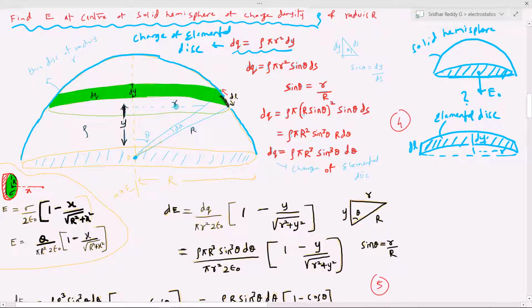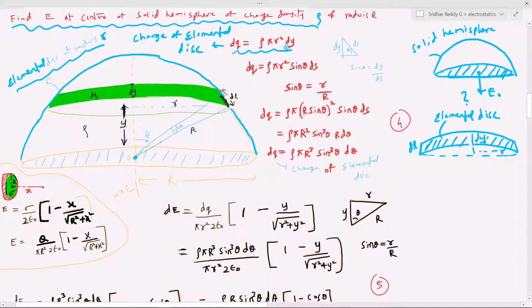What is the radius of this? r. So the volume is pi r square into dy, where dy is the thickness. So rho pi r square dy will be the charge of the elemental disc. Please do look at this one.